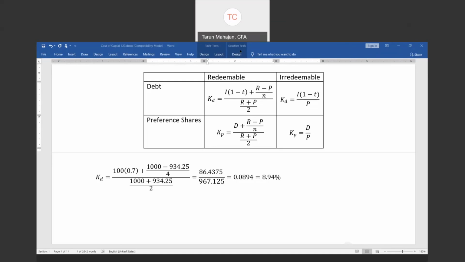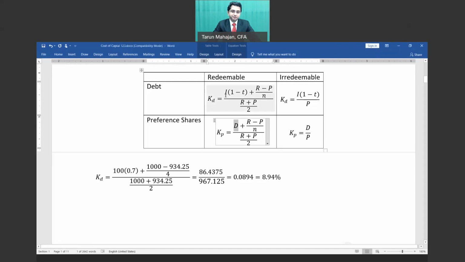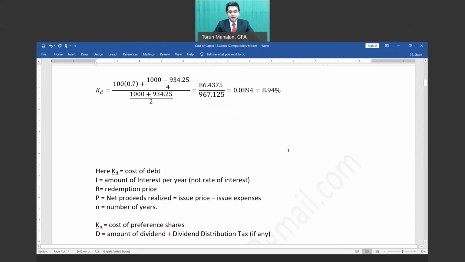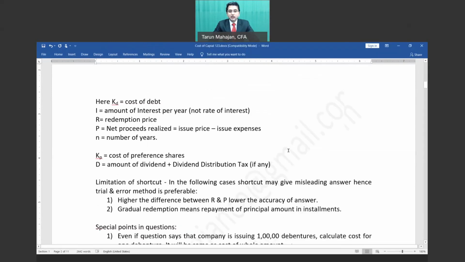Exactly, because amount of dividend is not deductible for the purpose of income tax. So these are the shortcut formulas, and these are very much allowed to be used in examination.